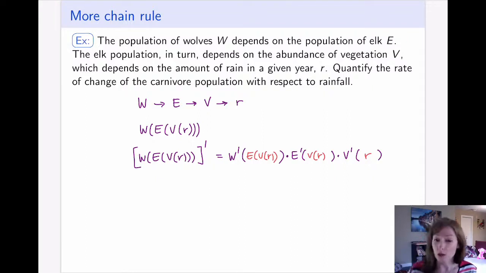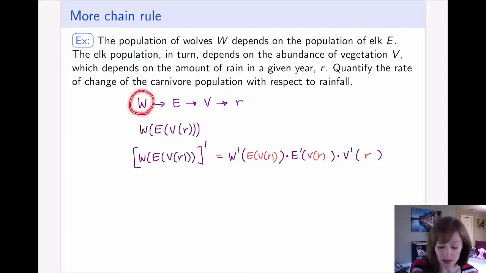Now, the problem is this notation is not only looking pretty bulky, but it's also making one fact not clearly articulated, and that is the fact that when I take a derivative of w here, what am I taking it with respect to? Now, the chain of command here says that w, the wolves, depend on e, the elk.